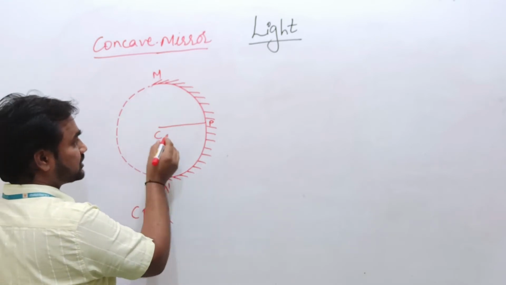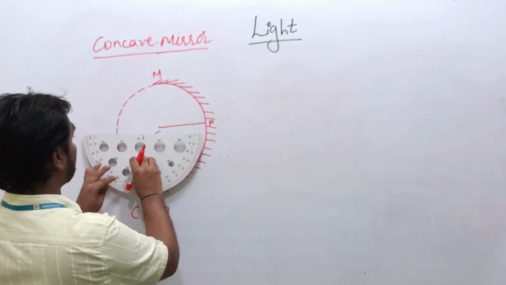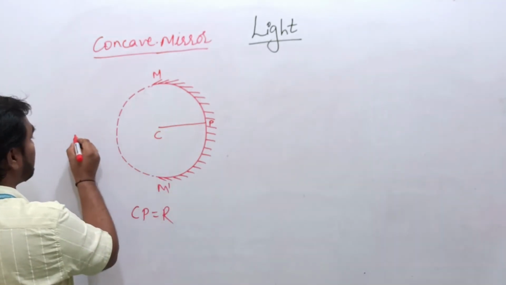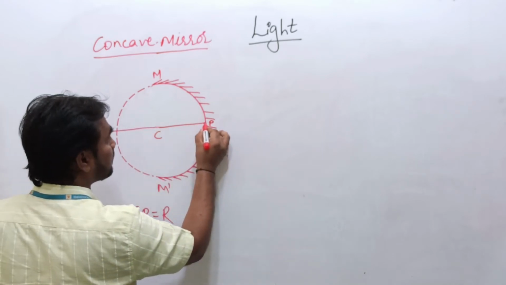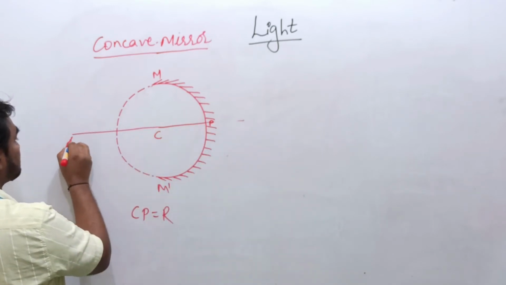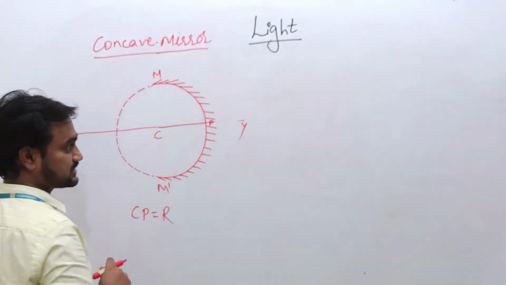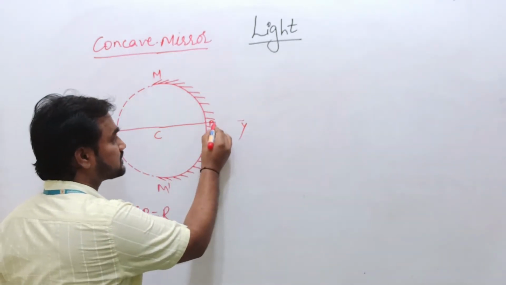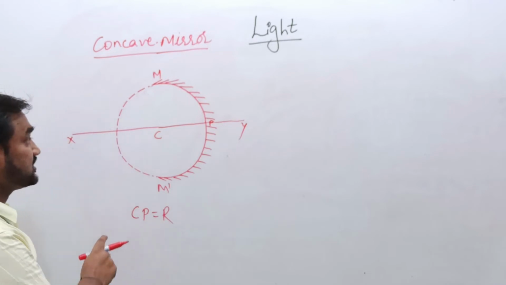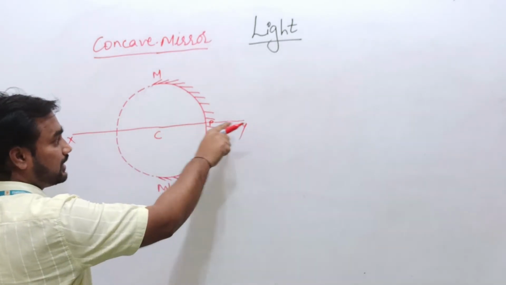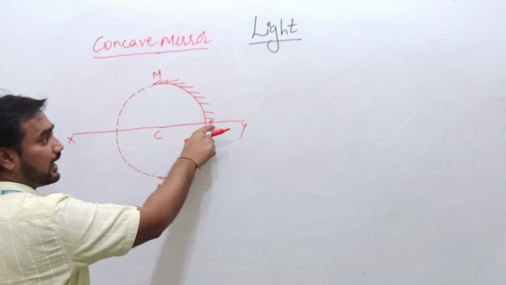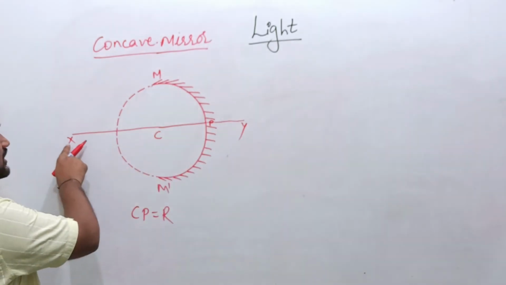If I extend this line on both sides, this is XY, the principal axis. That means the straight line passing through the center of curvature and the pole is called the principal axis.